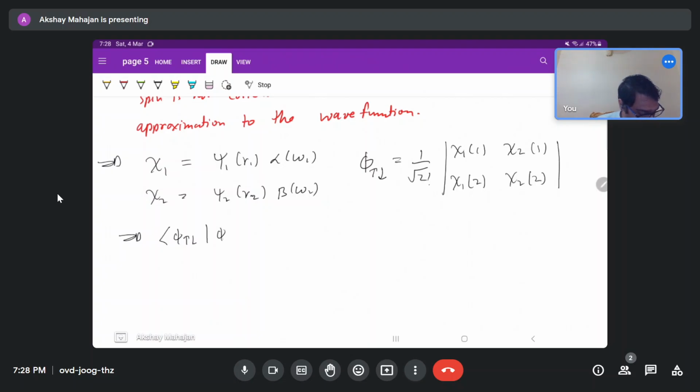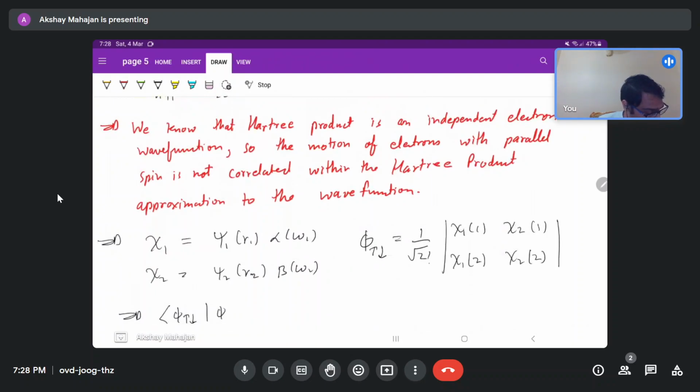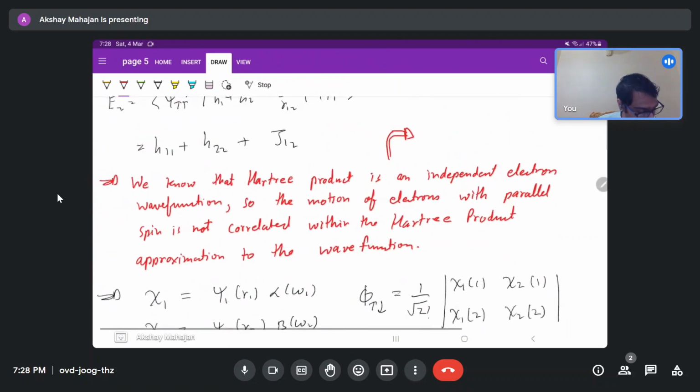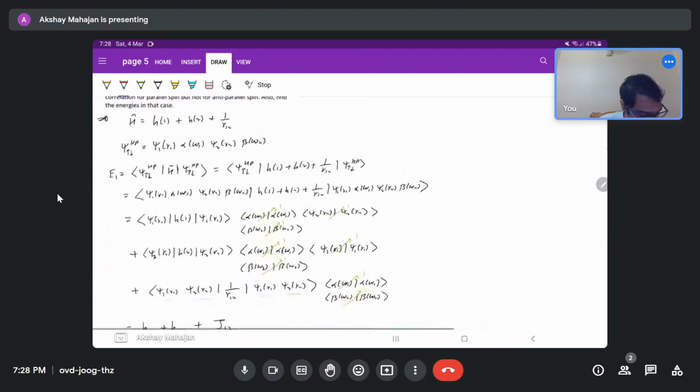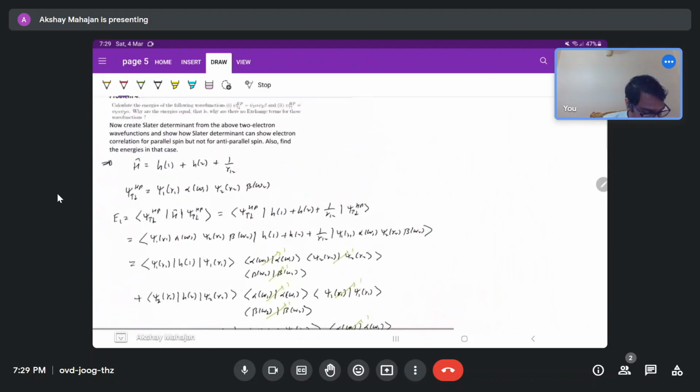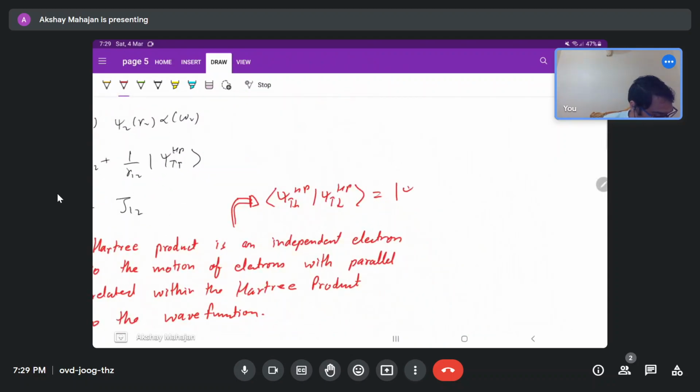What you can show for this correlation, which I have written in words, is that you can take psi up-down and psi up-down, and if we do it again, what we get is just mod psi1(r1) squared times mod psi2(r2) squared.